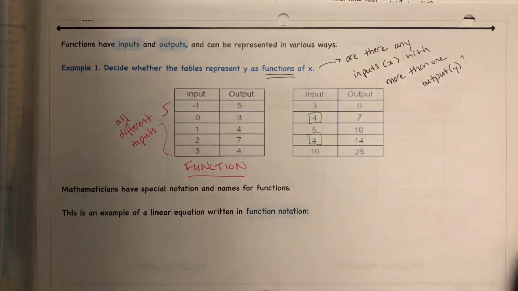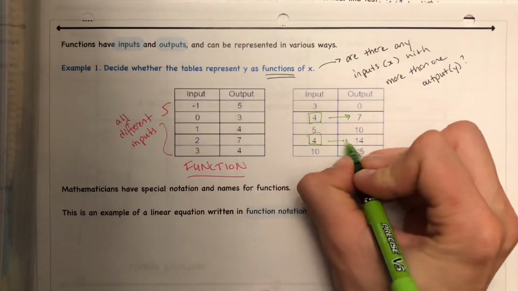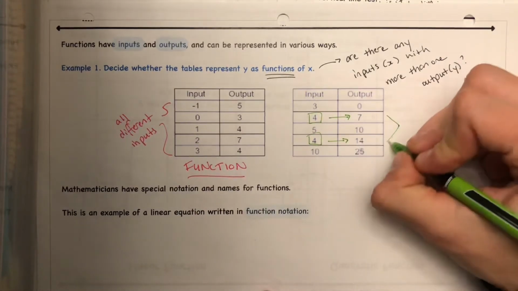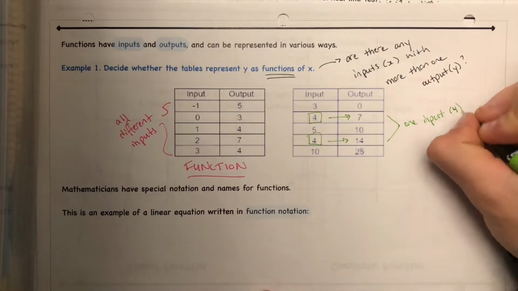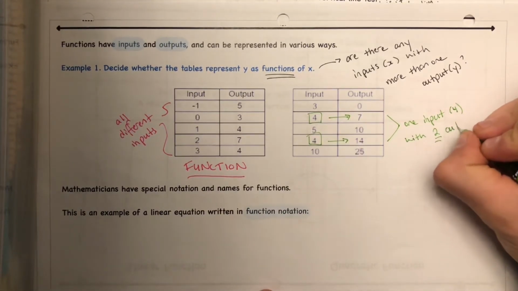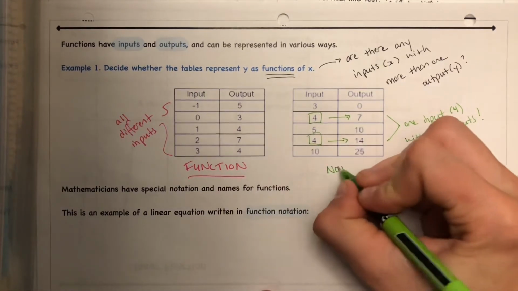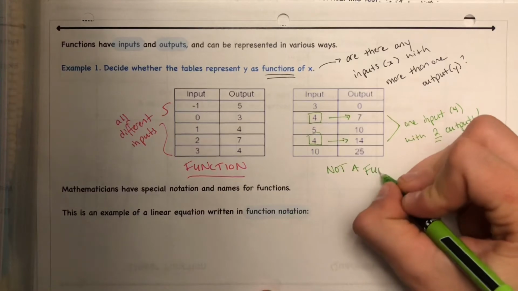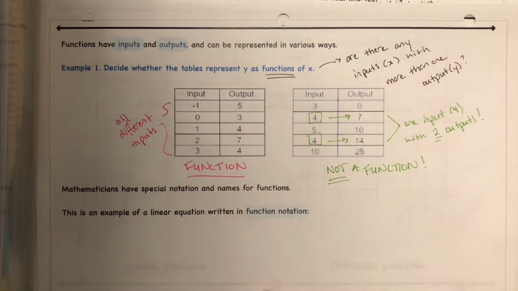This input appears twice, and one of the outputs is 7, and one of the outputs is 14. So I've got one input, it's 4, with two outputs. So this is not a function. Pretty easy test there.